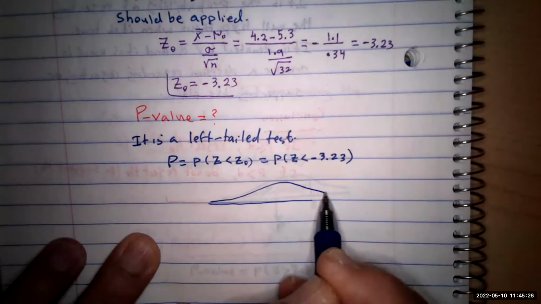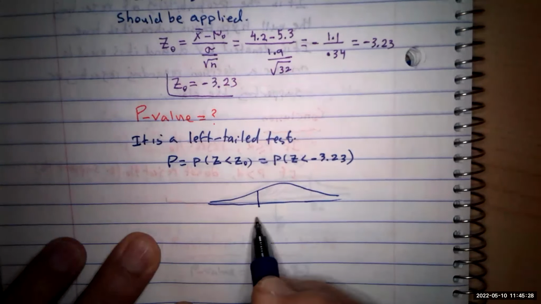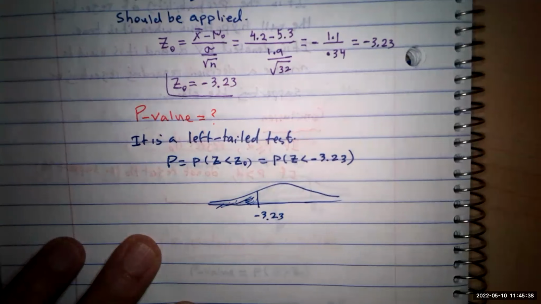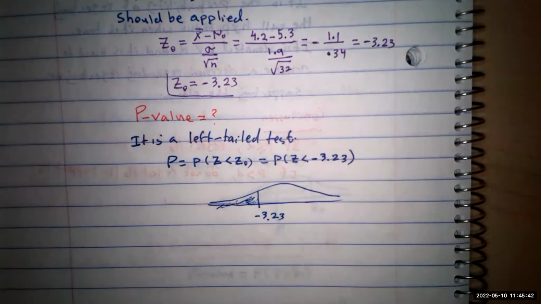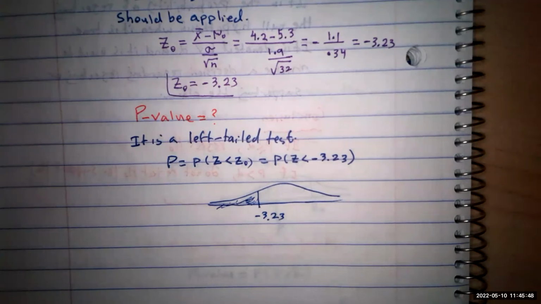This is the area in question. Simply use the Z table for negative 3.23.